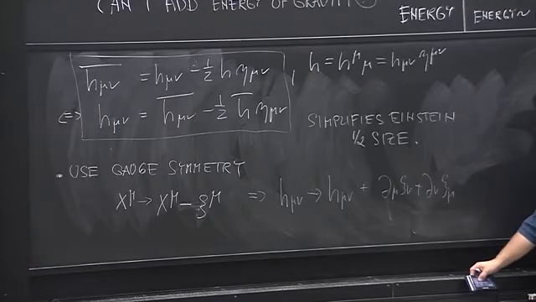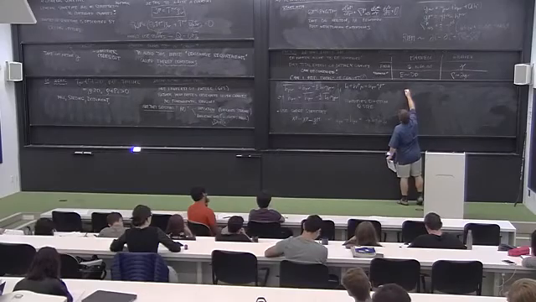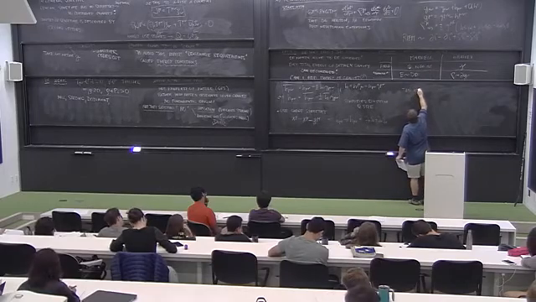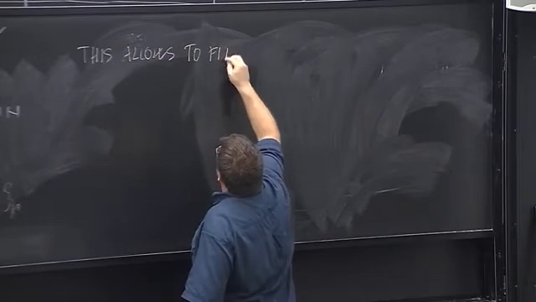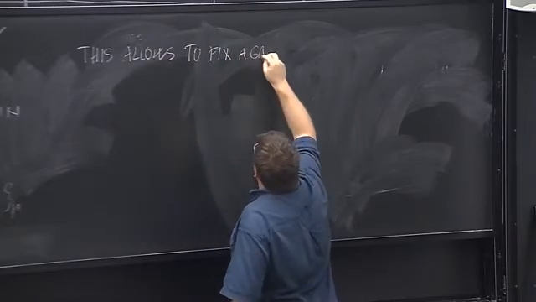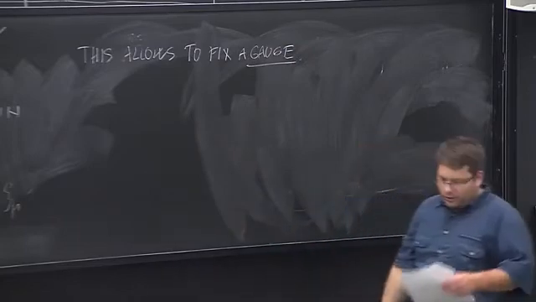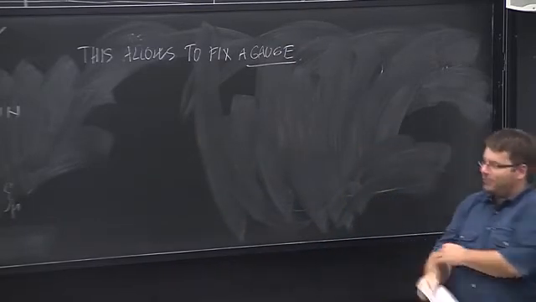Okay, so you've shown this yesterday, and what you haven't shown, but what you will show in your homework, is that this allows you to fix a gauge, sometimes called the harmonic gauge or the de Donder gauge. The same gauge actually has many names.